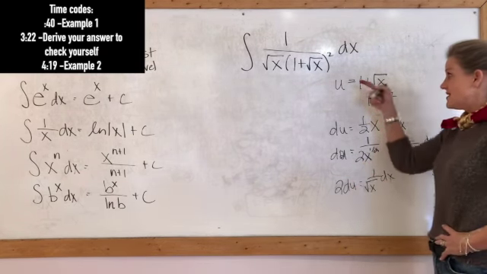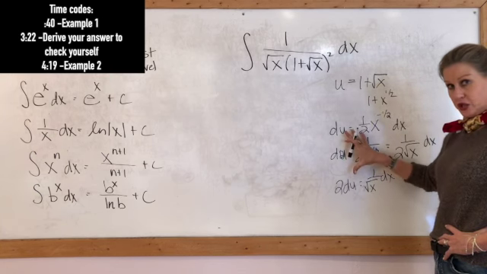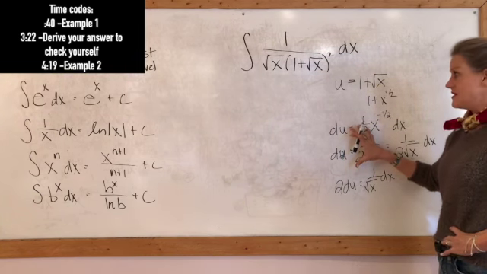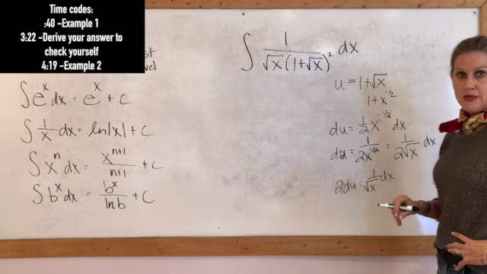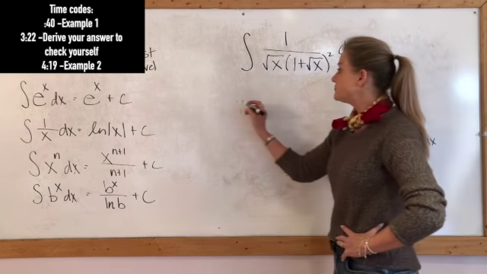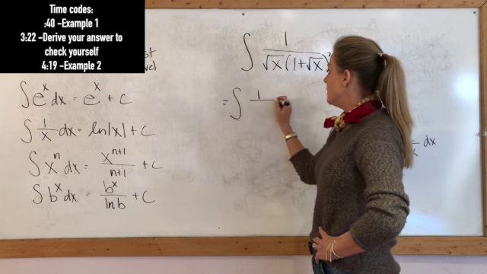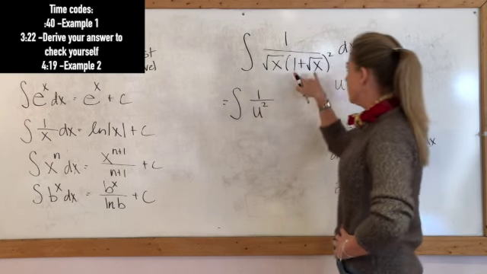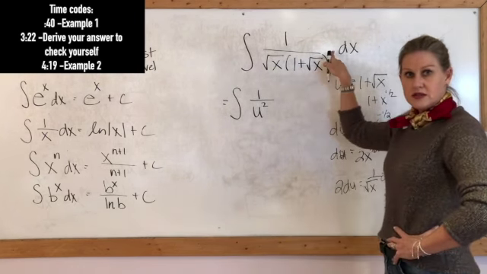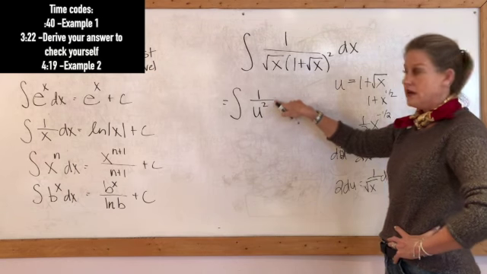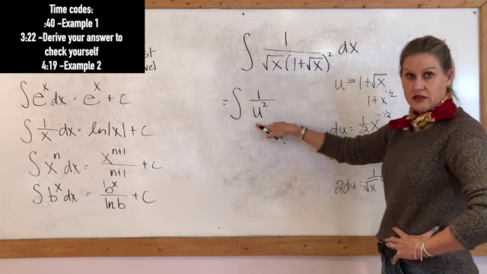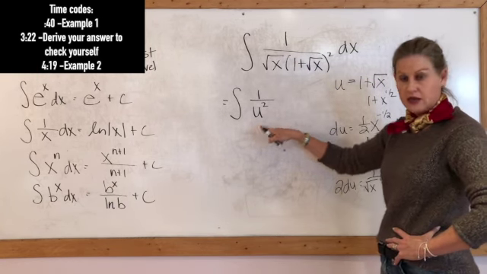So all of that is steps 1 and 2 in our 5-step U-sub process. Now I come over here to step 3 to do my translation. This becomes 1 over, that piece is u, that piece is squared, so my u is squared. That piece is in the denominator, so the squared u is in the denominator.